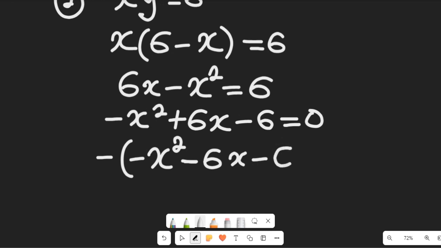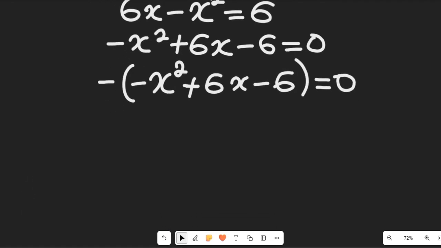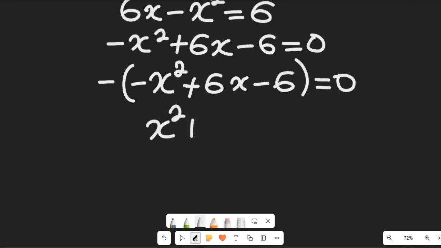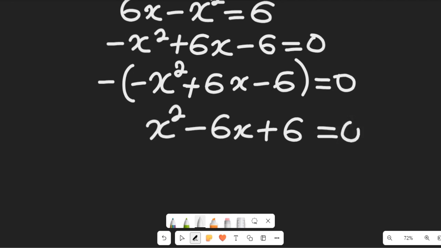If we multiply all through by a negative sign, this will become x squared, minus times plus will give us minus 6x, and minus times minus gives us plus 6, and this will be equal to 0.